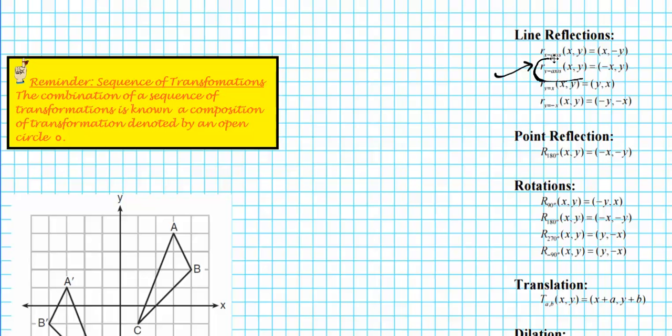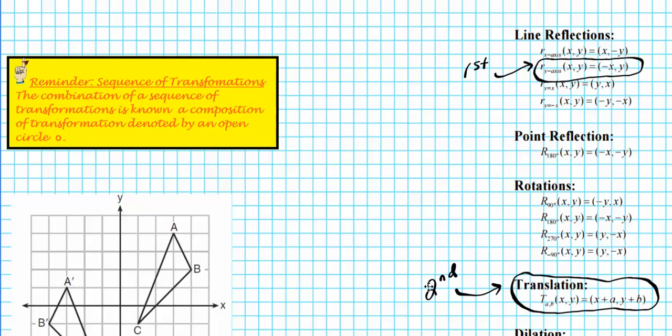You simply negate your x coordinate. And then we had a translation downwards, so we're going to use this translation formula here too. Our first transformation is a reflection, and then our second transformation is the translation.